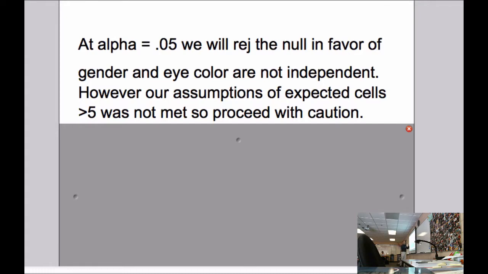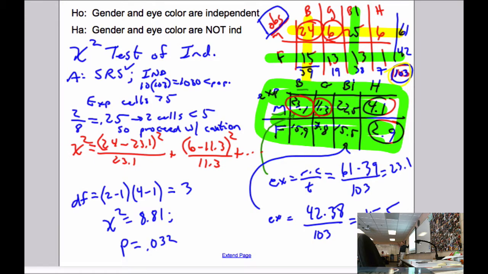Let's go back. It's kind of scribbled all over the place, but here's your observed, here's your expected. Which cells do you think are possibly throwing this off? I'll pick a different color here and use smiley faces.